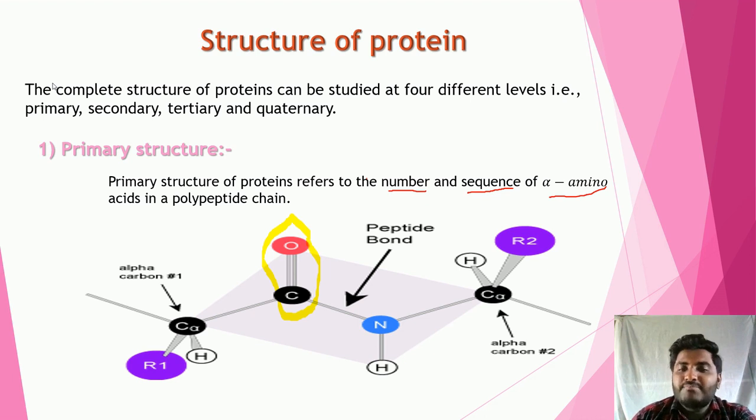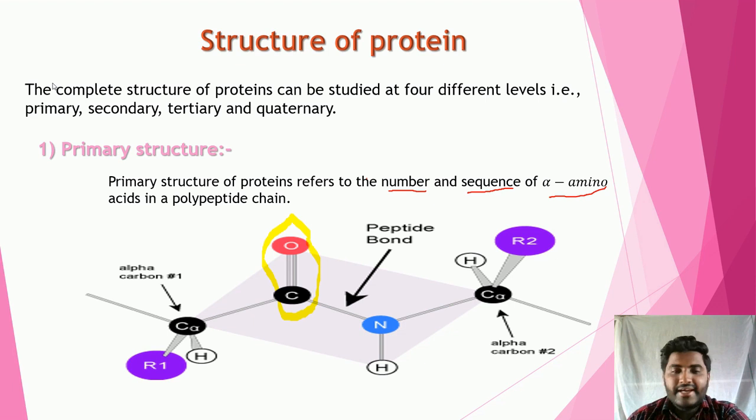That bond is called a peptide bond. So the primary structure only tells about the number of alpha amino acids joined and what is the sequence, either valine, after that alanine, or what is the sequence between them. We will discuss the primary structure in detail later. So only remember the primary structure only tells about number and sequence of alpha amino acids.